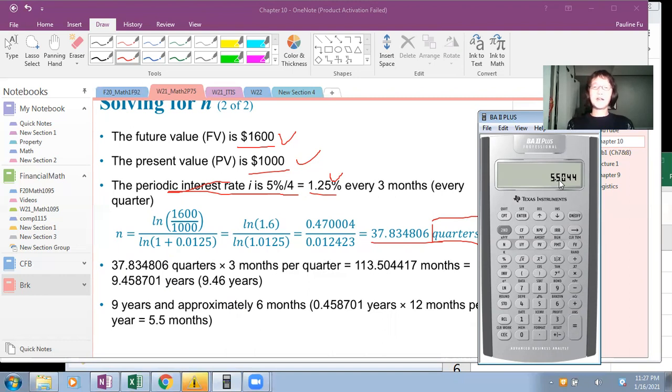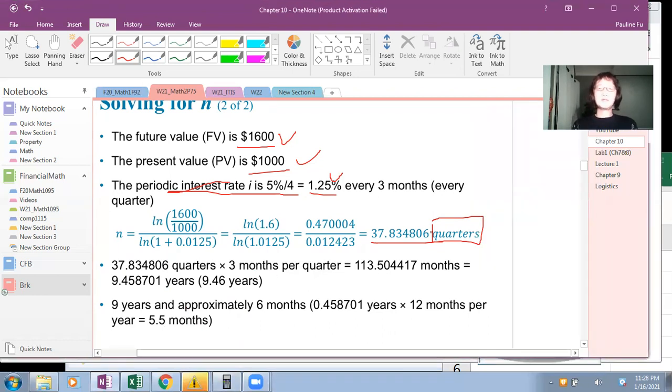So 5.5 months, roughly 6 months. Final answer, 9 years and 5.5 months. If you want to convert quarters into months, you multiply by 3.